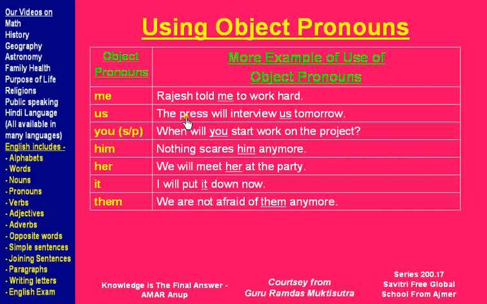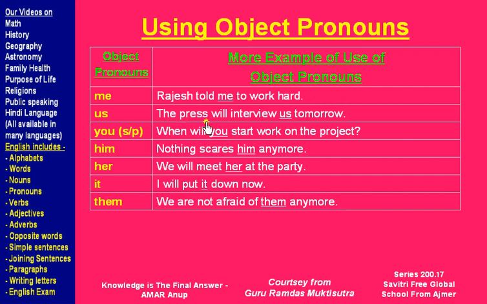So Rajesh is the subject. He is doing the action of telling. Who is receiving the action of that telling? I am receiving. So me is the object pronoun. "Rajesh told me" is called the object part of the sentence. Out of this object part, me is the object pronoun.